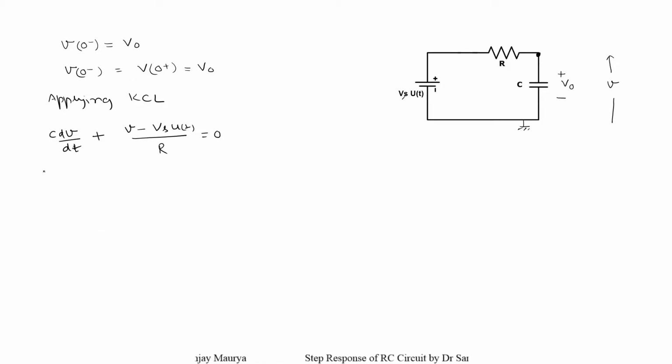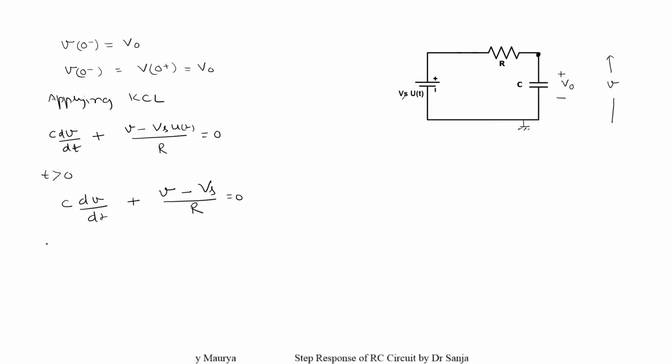Since I am considering the case for t greater than 0, this u(t) will become 1. So I can write C dV/dt plus (V minus Vs) by R is equal to 0.